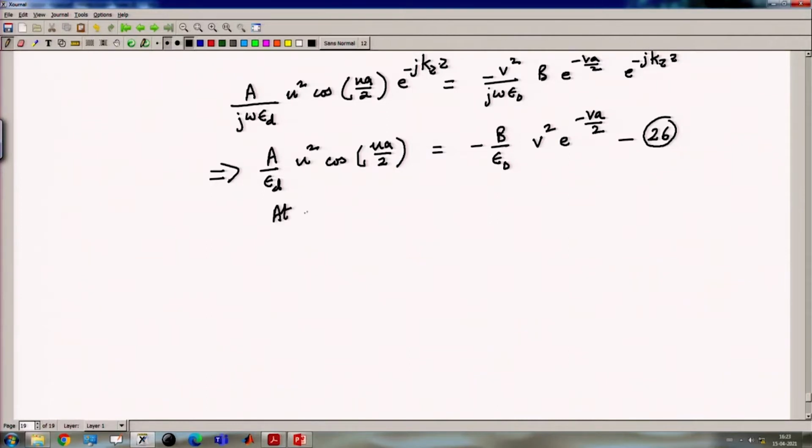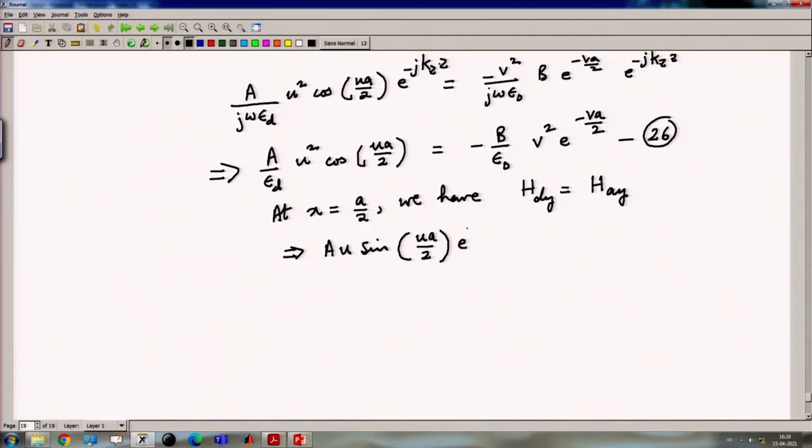So, we write at x equal to a by 2, H d y equal to H a y, which implies a u sin u a by 2, e to the power minus j k z z, equal to b v e to the power minus v a by 2, e to the power minus j k z z.